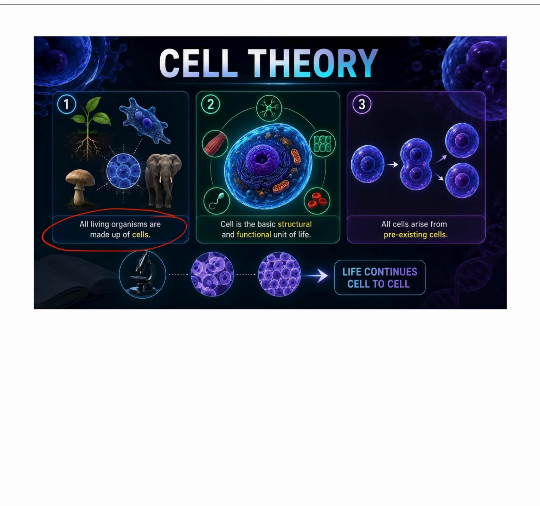They also mentioned the cell is the basic structural and functional unit of life. And another scientist named Rudolf Virchow in the year 1858 said all cells arise from pre-existing cells. So these are the first three postulates of cell theory that you can see. After that, the modern version of cell theory has also come, but this is the basic.